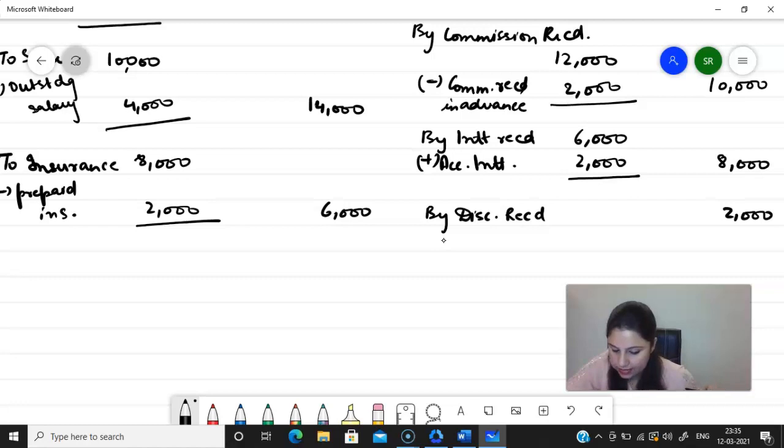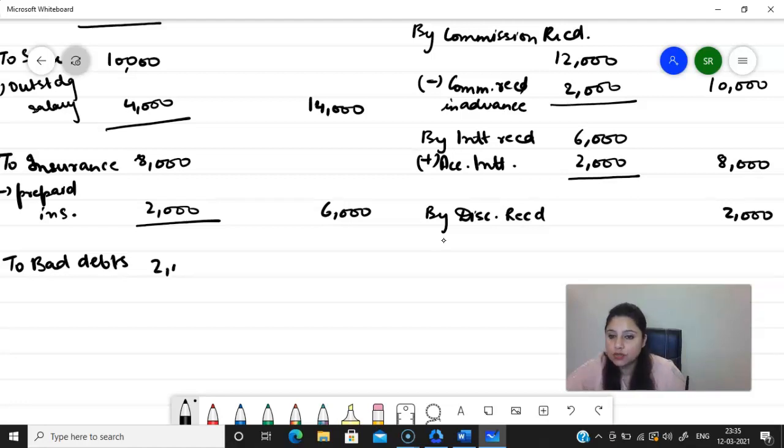And on the credit side, we will be giving the effect of the provision. So let us first record the bad debts here. For bad debts, it has been mentioned 2000 is the amount, and provision for bad debts is 4000.